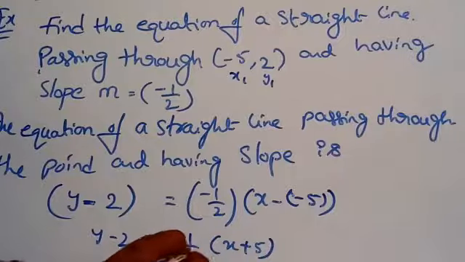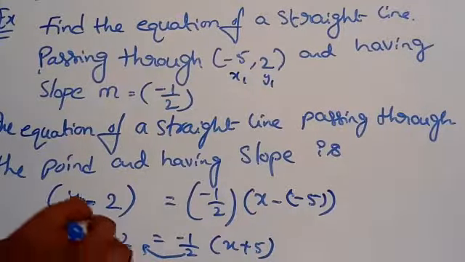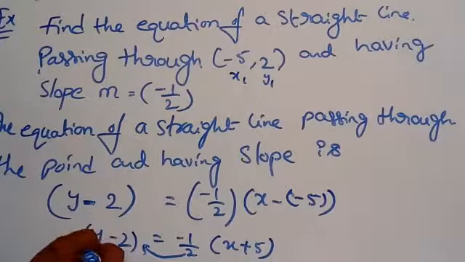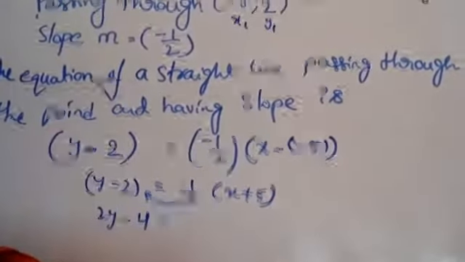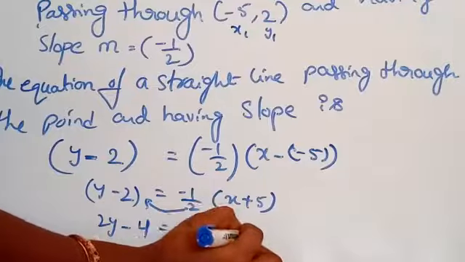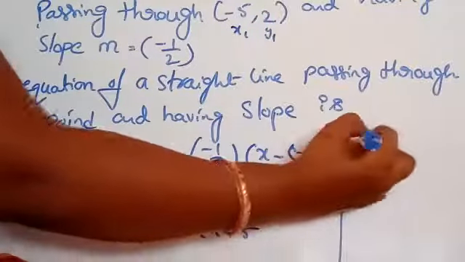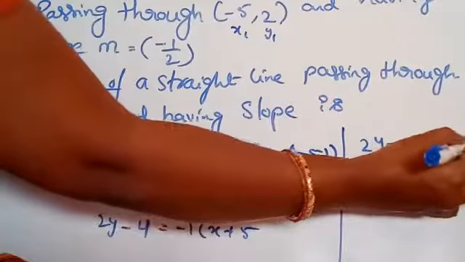Here the denominator 2 is moved to this side and multiplied. 2 into y, 2y minus 2 twos are 4, is equal to minus 1 into x plus 5. That means 2y minus 4 is equal to minus x minus 5.